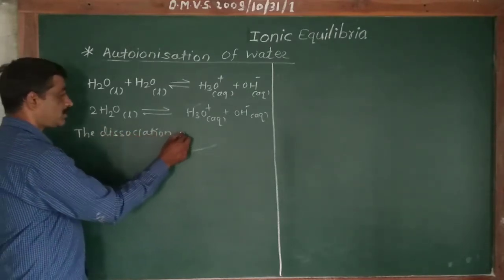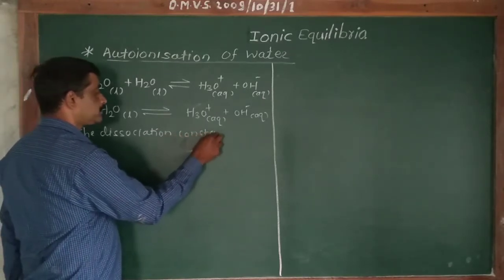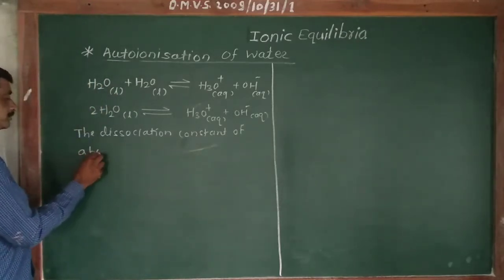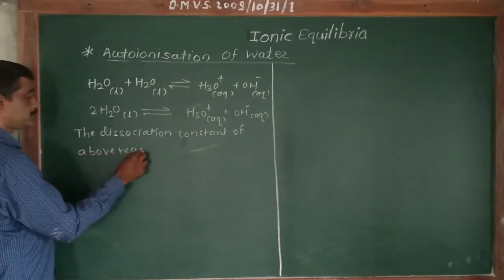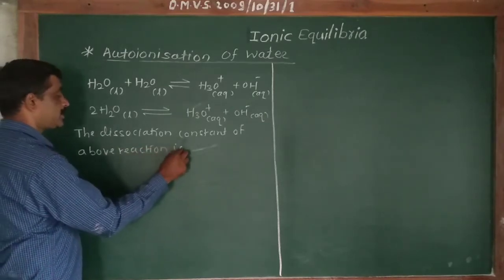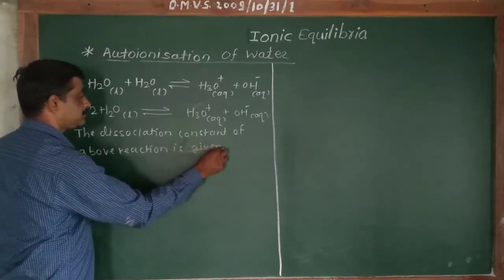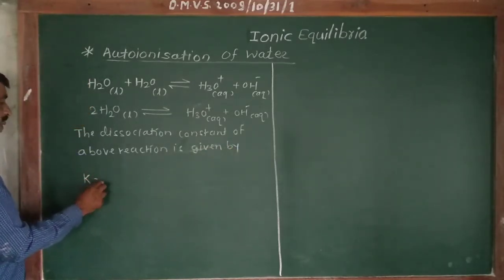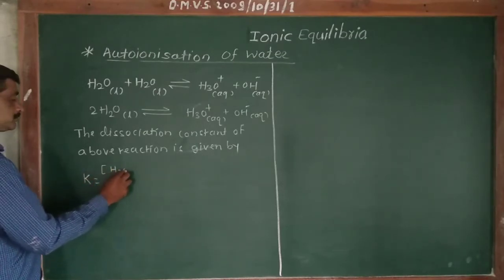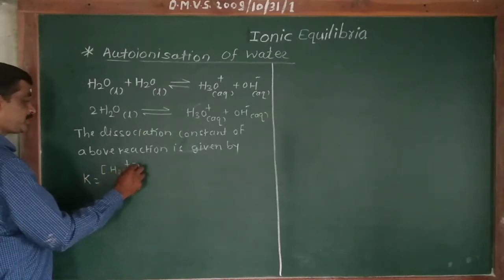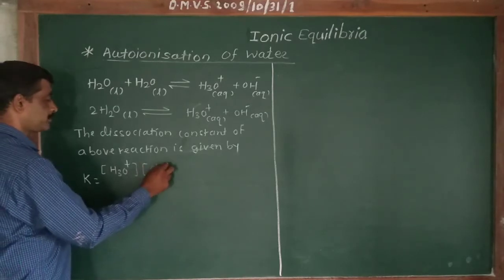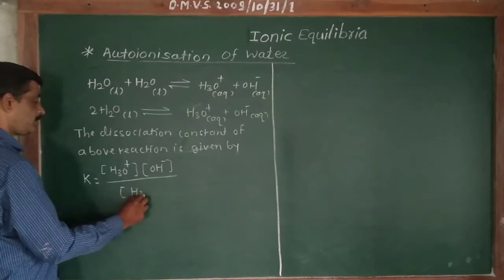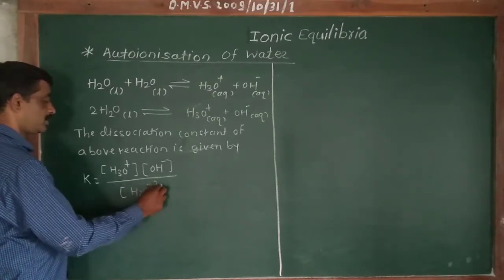So dissociation constant of the above reaction is given by K is equal to concentration of H3O plus ions into concentration of OH minus ions upon concentration of water raised to 2.